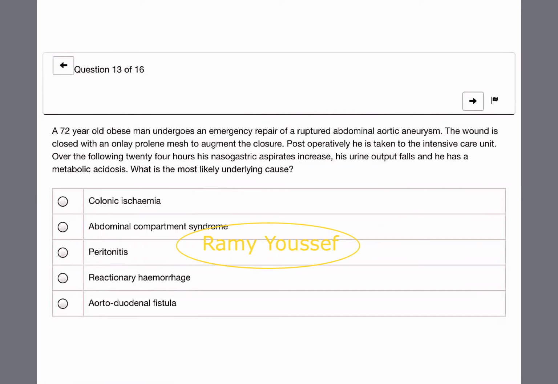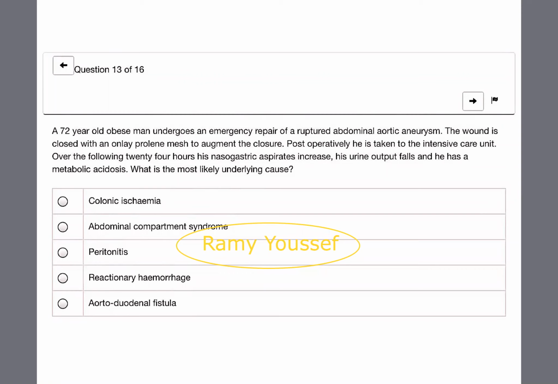Okay, a 72-year-old obese man undergoes an emergency repair of a ruptured abdominal aortic aneurysm. The wound is closed with a Prolene mesh targeting the closure. Post-operatively, he is taken to the intensive care unit. Following 24 hours, nasogastric aspirate increases, his urine output falls, and he has metabolic acidosis.